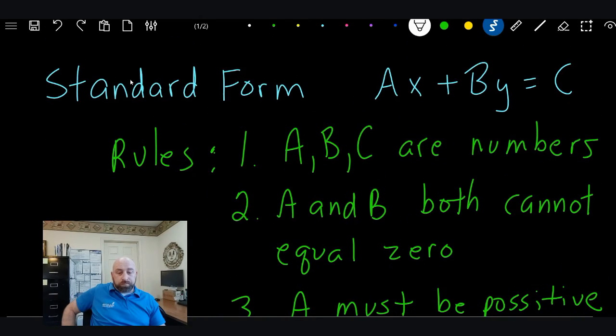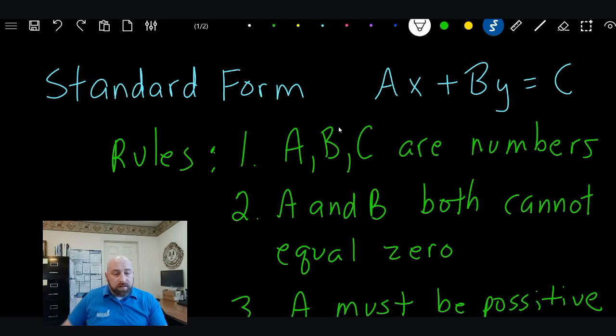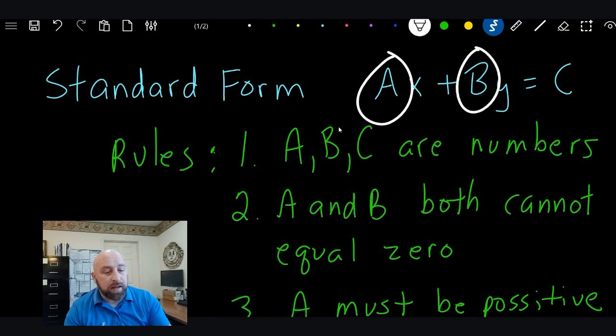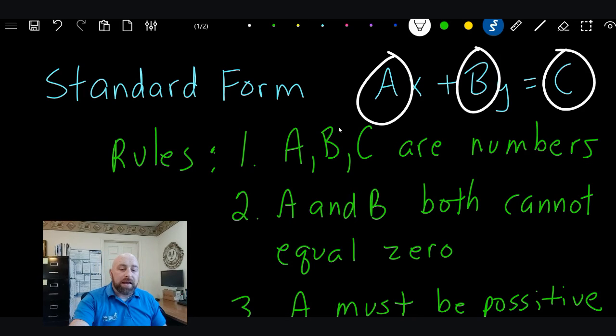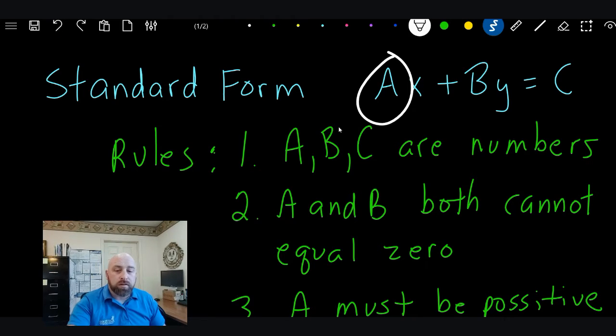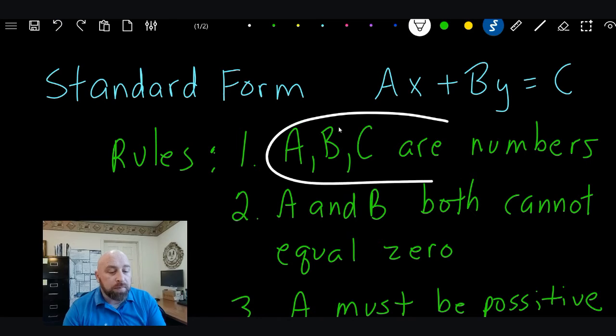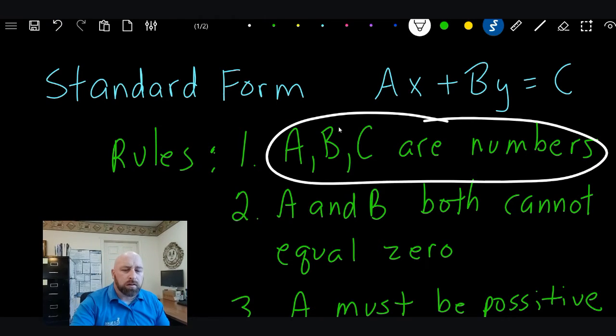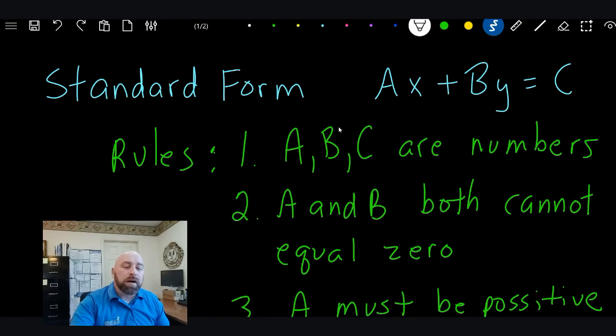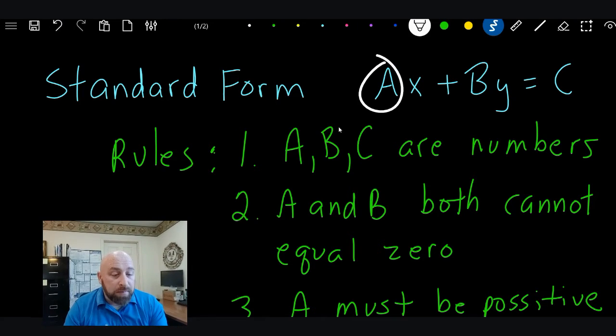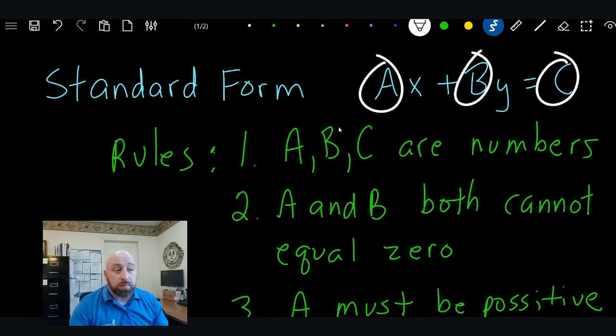There are 3 rules. Number 1, A, B, and C, these right here, must be numbers. You say, wait a second, no, it's A, B, and C. But in the real equation, when you actually have an equation, A, B, and C will all be numbers.